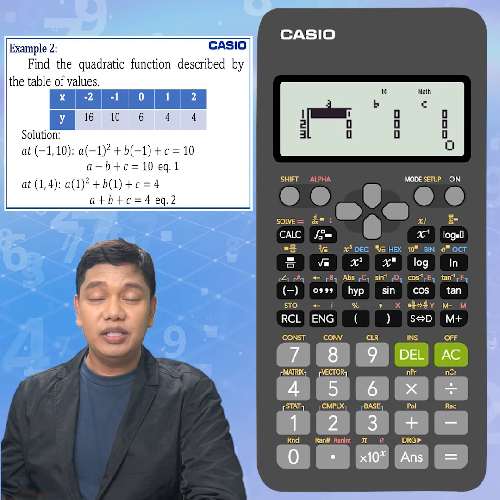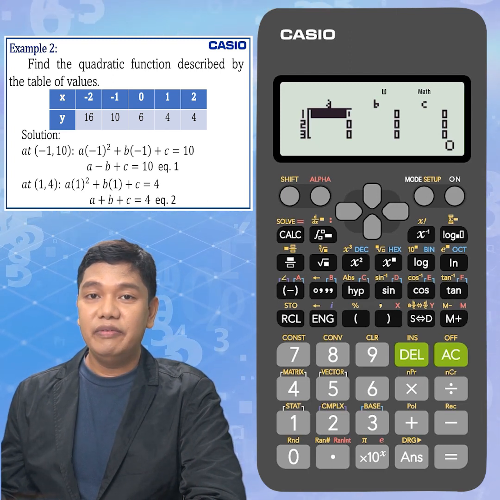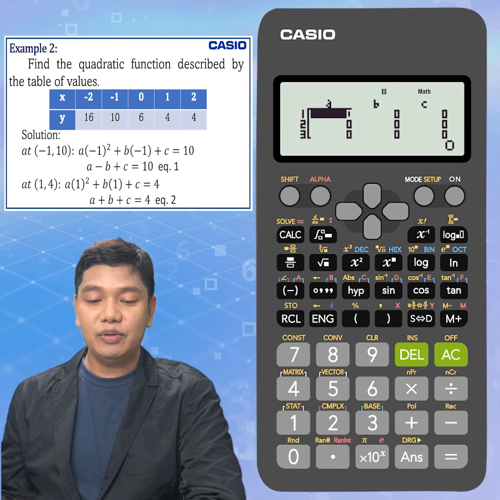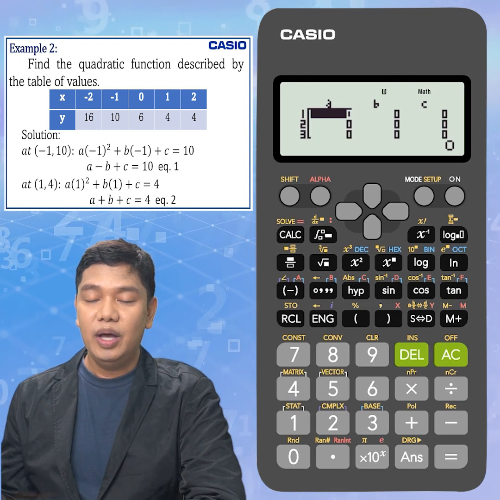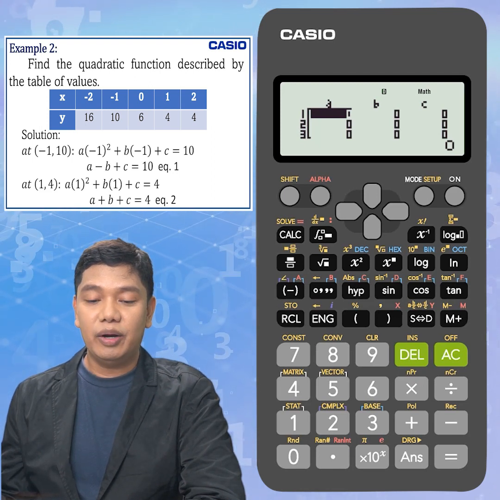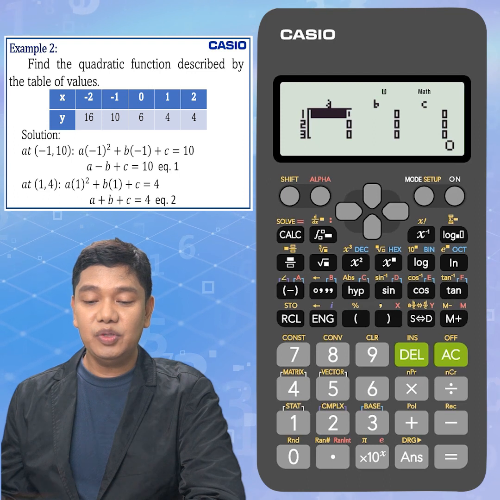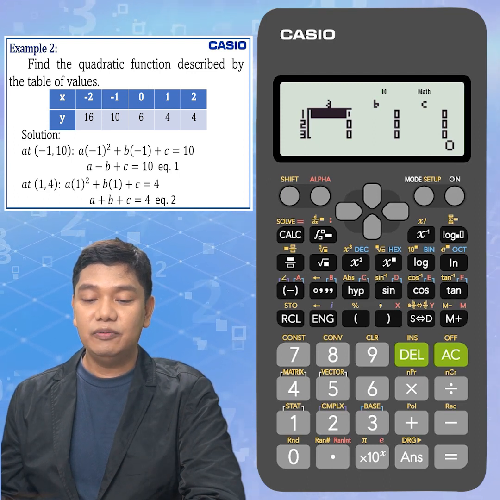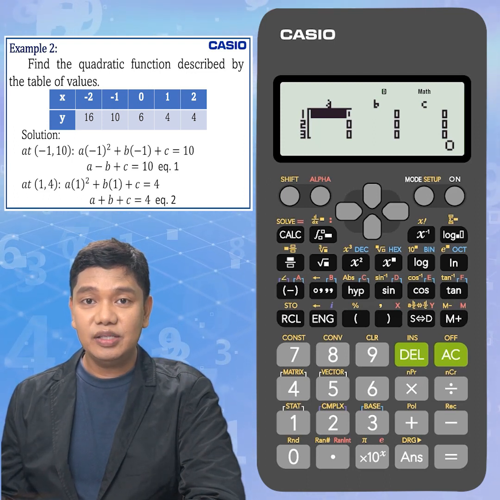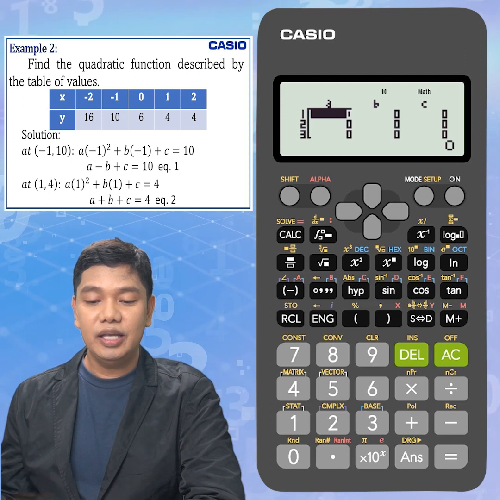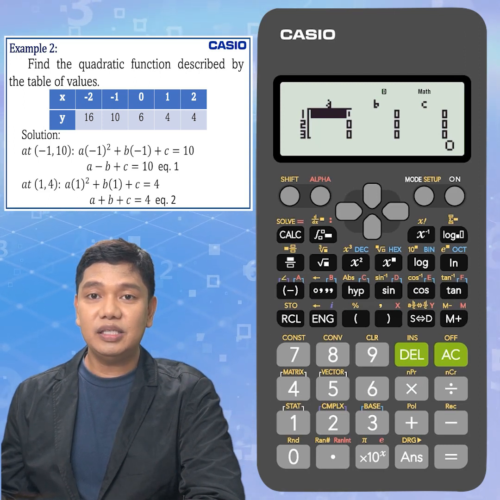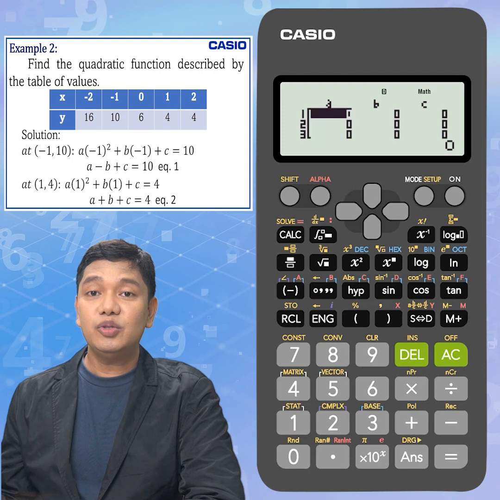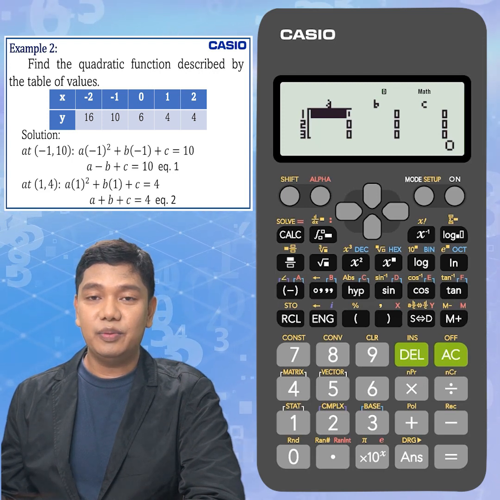This time, using the point (1, 4), we have x is equal to 1 and y is equal to 4. And so, we have a times the square of 1 plus b times 1 plus c is equal to 4. Simplifying this, we have the linear equation a plus b plus c is equal to 4. And this will serve as our second equation.